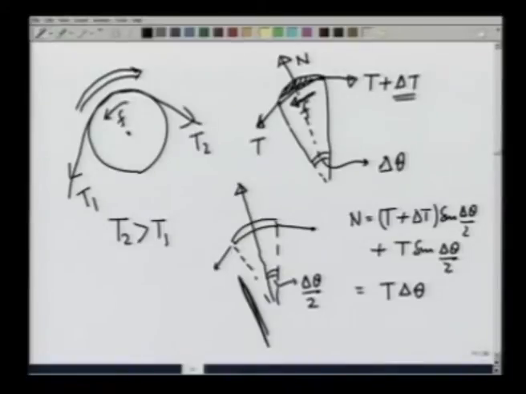So, that is the value of normal reaction. Therefore, F maximum possible is going to be equal to mu s T delta theta.